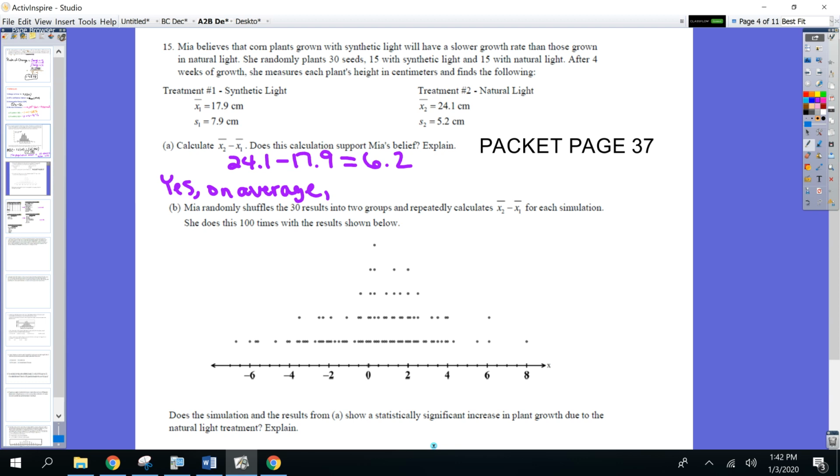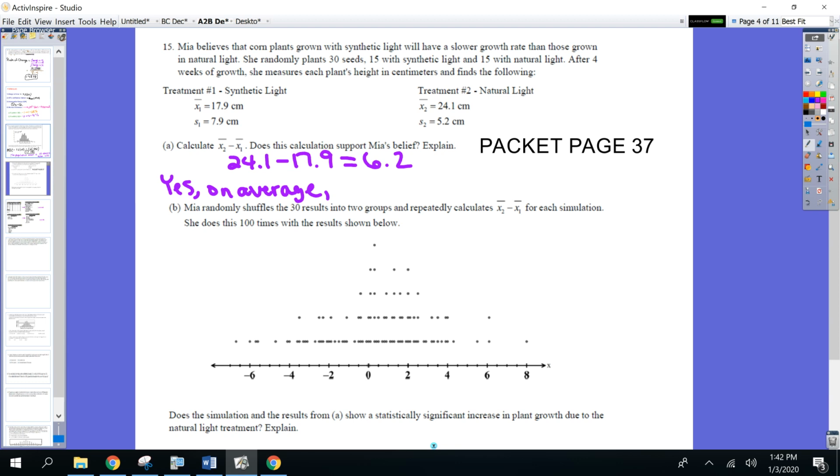What's that represent? What's 24.1 centimeters? The height, right? So that 6.2 corresponds to the height. So we could say, yes, on average, which group, by the way, was higher?